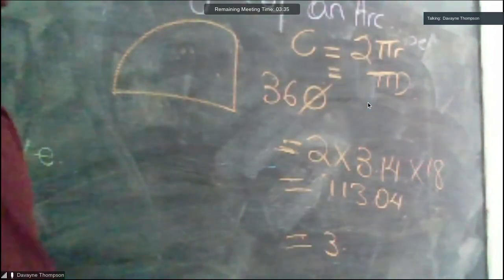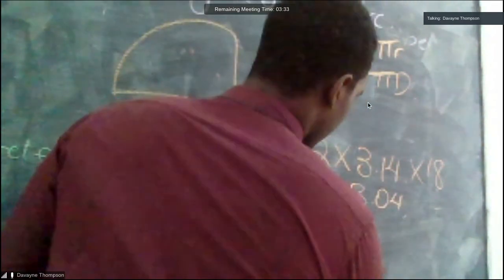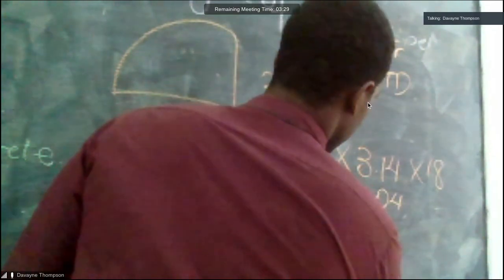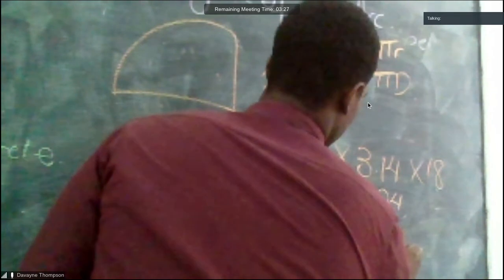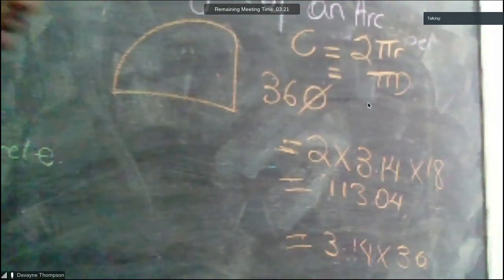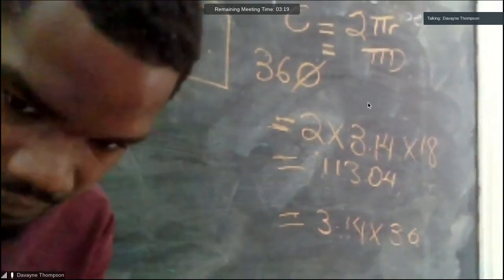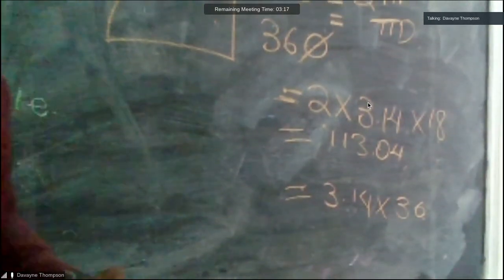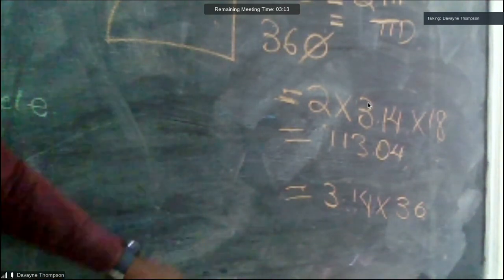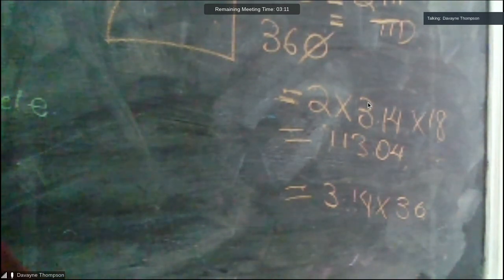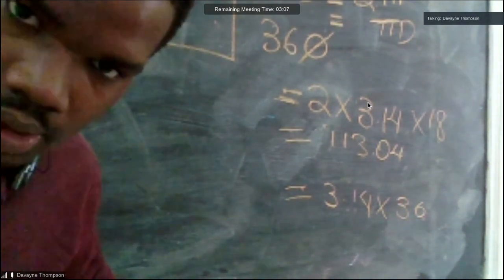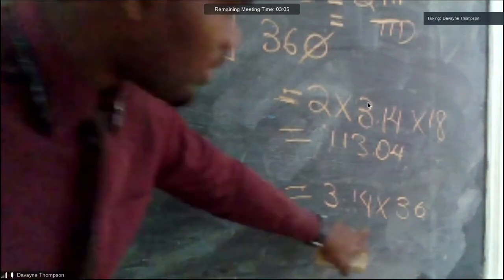Alright, look at this one now. We're going to say 3.14 times D, which is 36. What's 3.14 times 36?